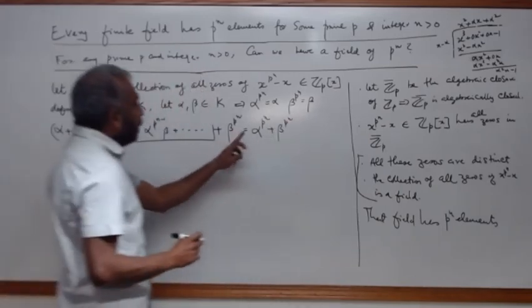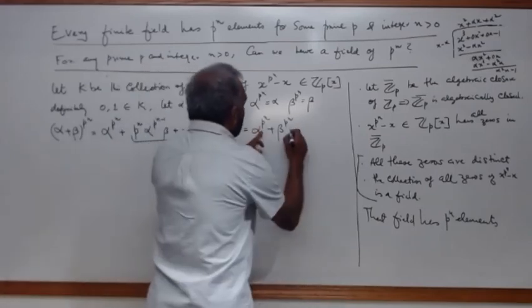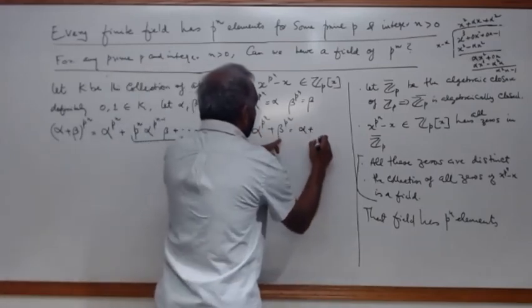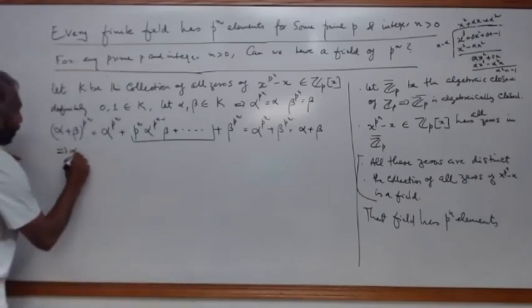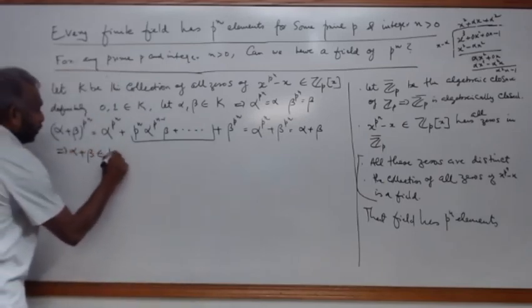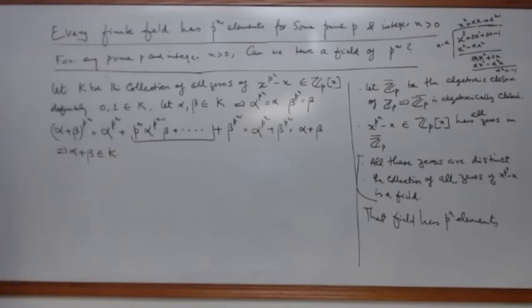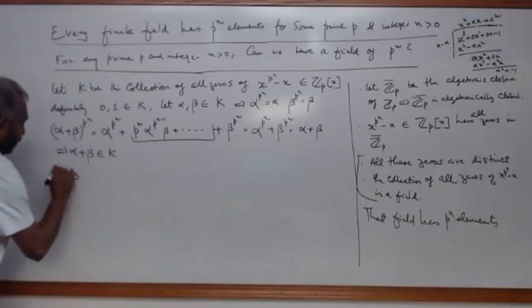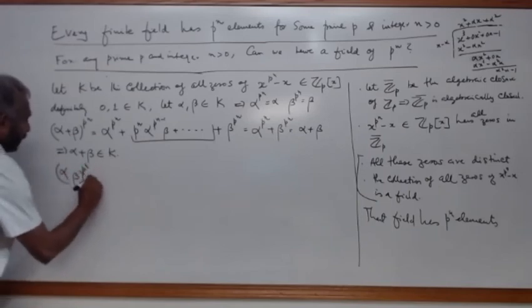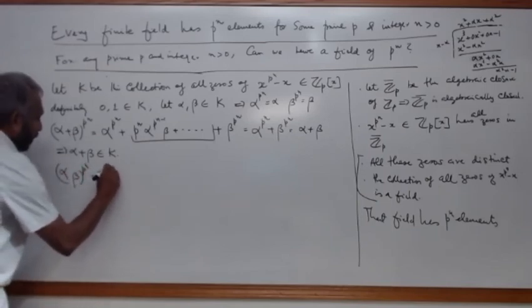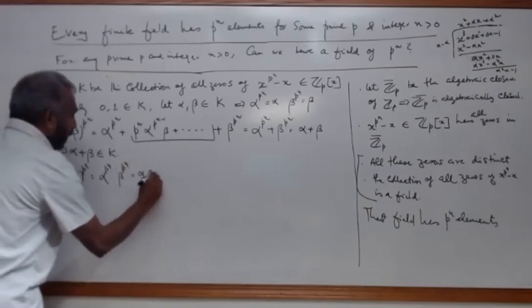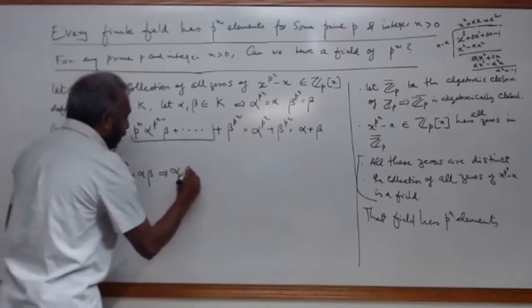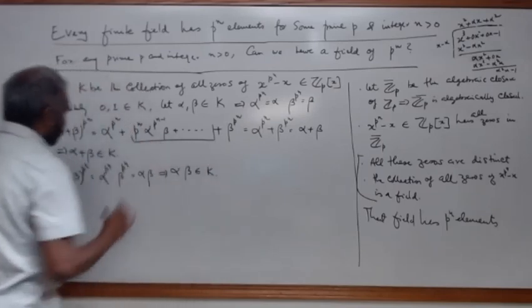And what is alpha to the power of p to the power of n? That is actually alpha, and this is beta. So that means alpha plus beta belongs to K. Then alpha beta to the power of p to the power of n is equal to alpha to the power of p to the power of n times beta to the power of p to the power of n. That is alpha beta, which implies alpha beta belongs to K.